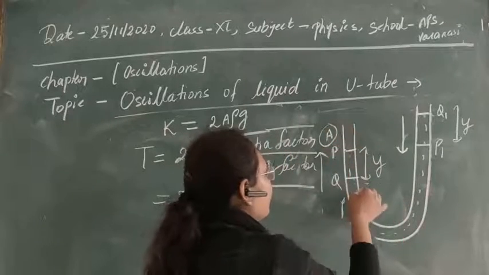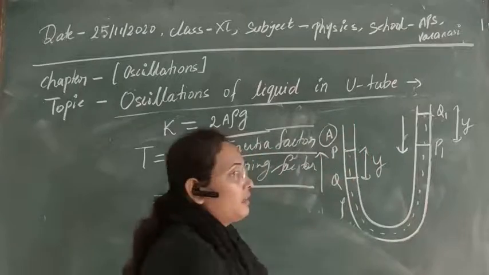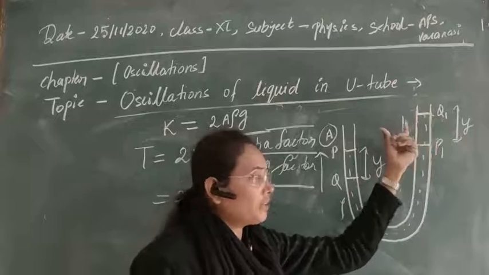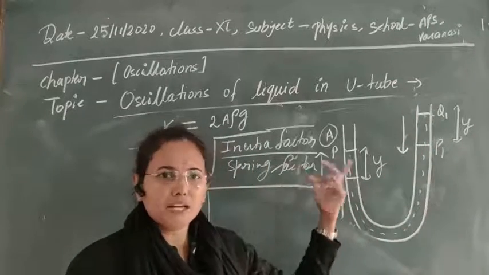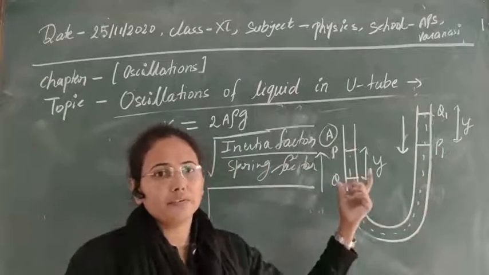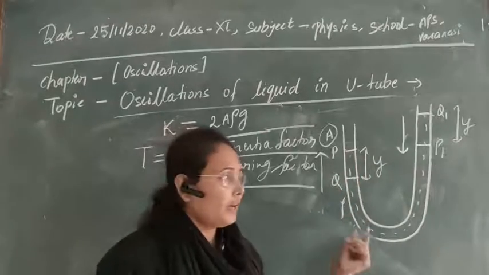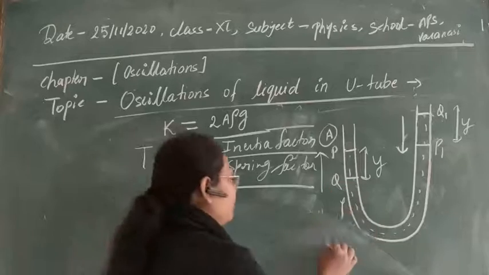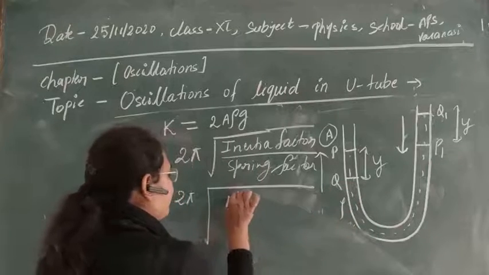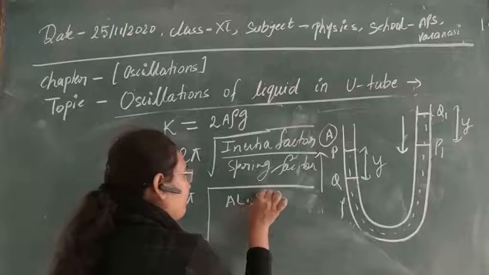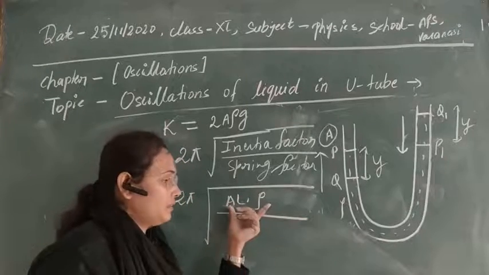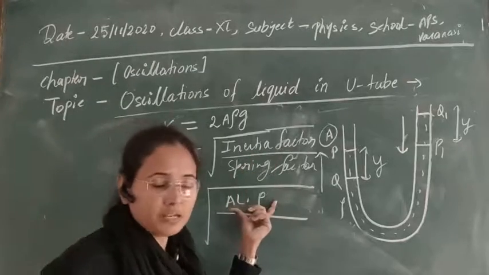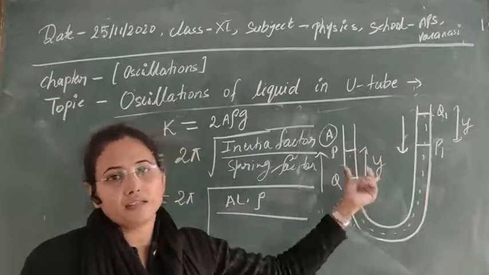Again, let's see that here A is the cross-sectional area of the U2, and the cross-sectional area of the liquid column is also equal to the cross-sectional area of the U2 in which it is filled. And if capital L is the length of the liquid column, then its volume will be equal to A into L, and if you multiply by the density of the liquid, it will give us the inertia factor, or the mass of the liquid column taken in this U2.